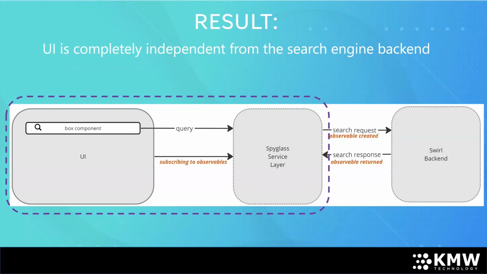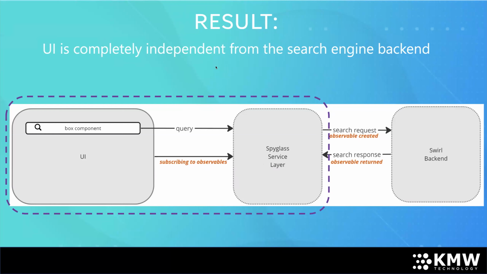Additionally, Spyglass really relies on the concept of observables, the RxJS library from Angular, which is reactive extensions for JavaScript, allows us to assign observables or events to whenever a search request is coming back, whenever a search response is coming back. And within our service layer, we basically update those observables as new events. And our UI is just kind of listening in on those observables.